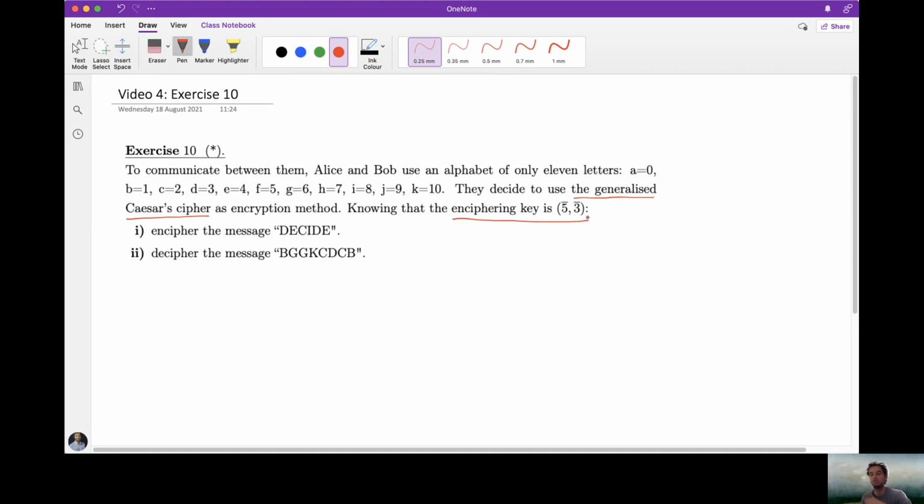Whenever you start any exercise on cryptography, the first thing to do is to have a clear understanding of what is the crypto system that we're using here. And as we've seen in the lecture notes, if we want to know what the crypto system is, we need to know what are the message units that we're using and what is the enciphering transformation, right?